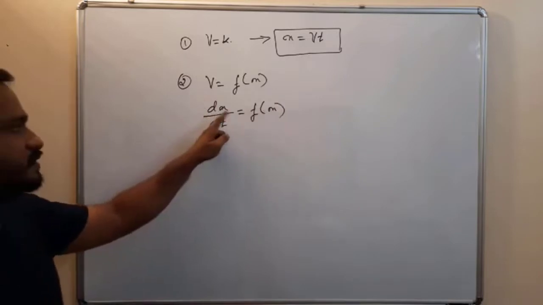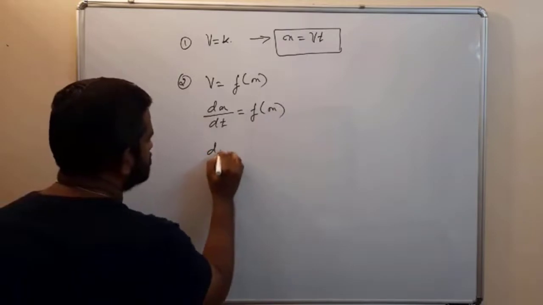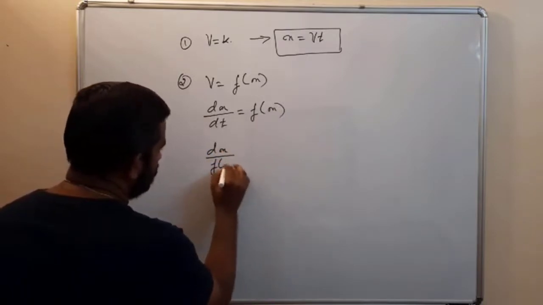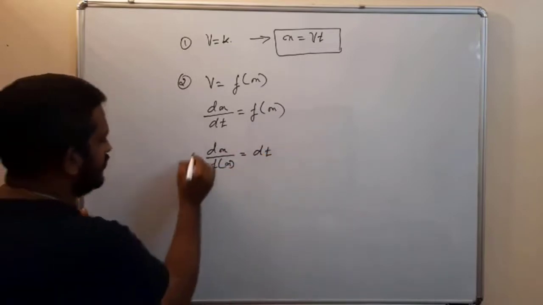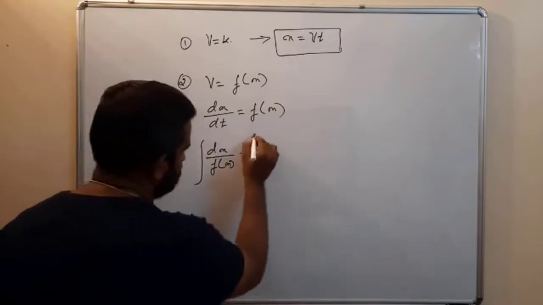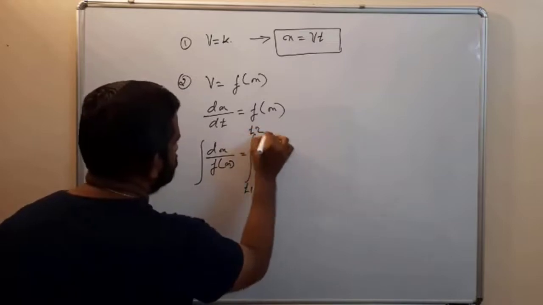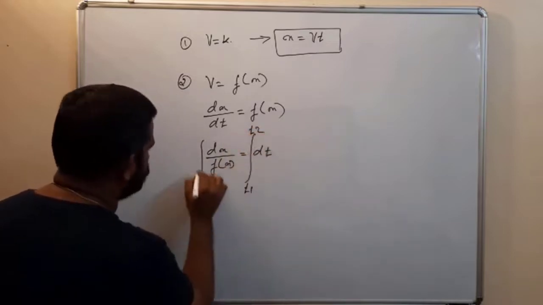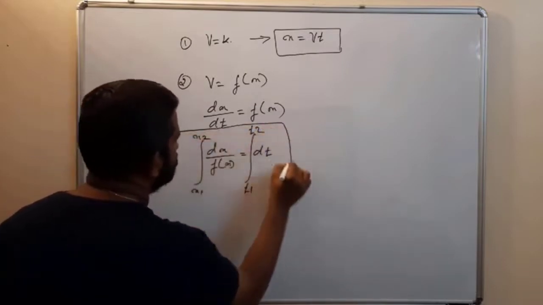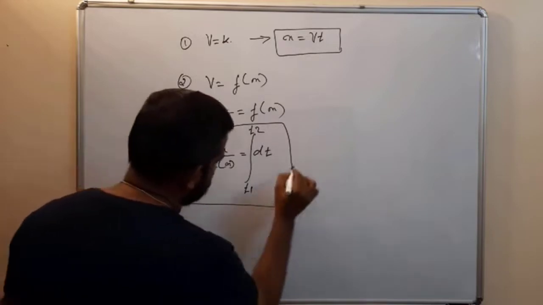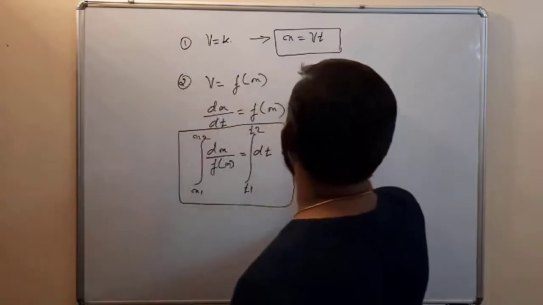Separate all the x variables on one side and t variables on the other side, so dx by f of x is equal to dt. Third step is integrate. The time varies from t1 to t2, so that the displacement varies from x1 to x2. This will give the displacement.